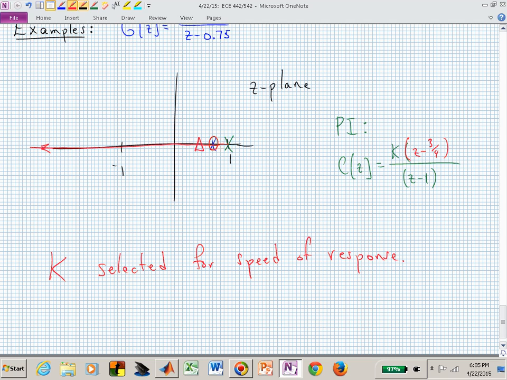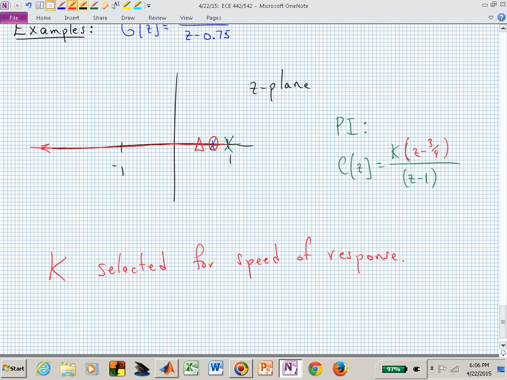I mean, if my plant is not quite the plant that I've modeled, is my controlled system still going to behave close to what I had thought it was going to behave like? Meaning, is my closed loop system robust against parameter changes in my system? Does it tolerate variations in my system dynamics?